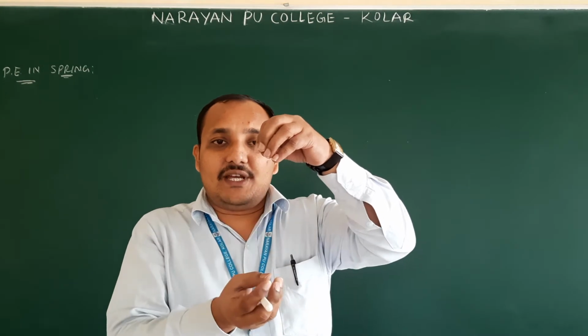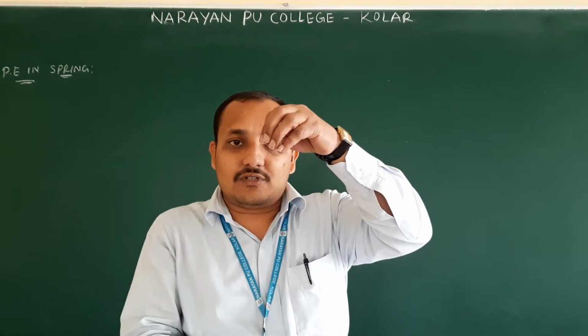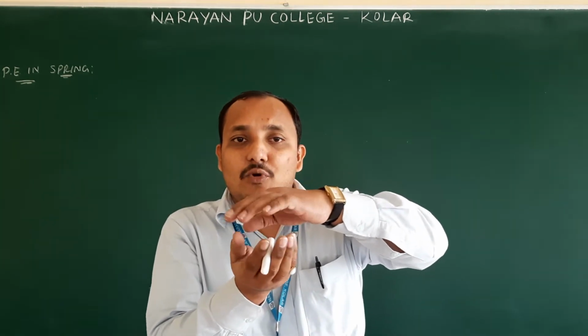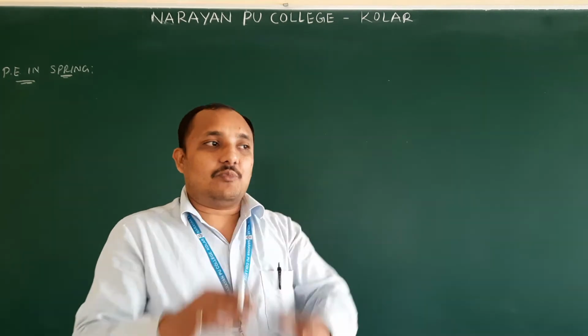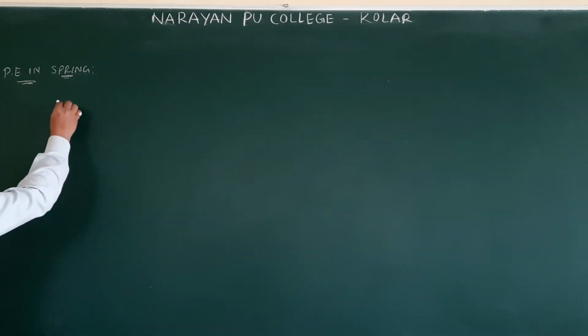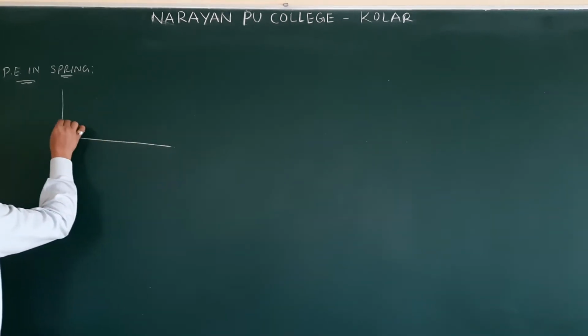So if you are elongating downwards, the spring will pull upwards, isn't it? If you are compressing like this, then the spring will move in this direction. So it is quite opposite. So what is going to develop whenever you are elongating the spring? Let us assume this is the spring.